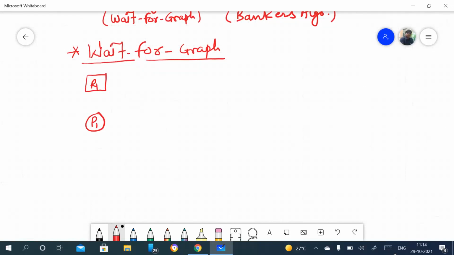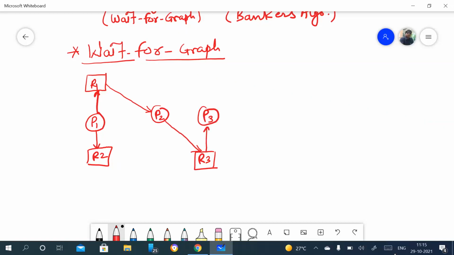Then P2, here R2. Suppose this is a resource allocation graph, right?